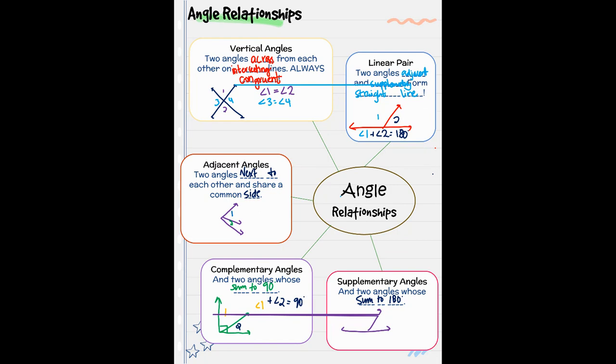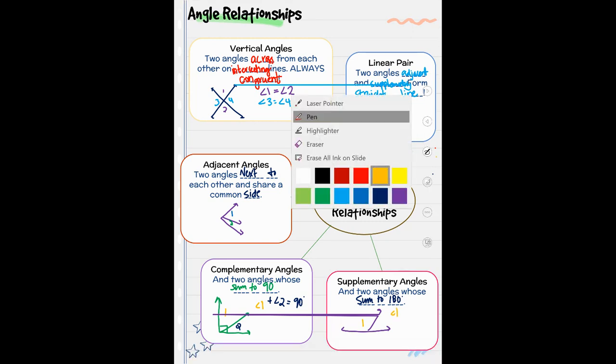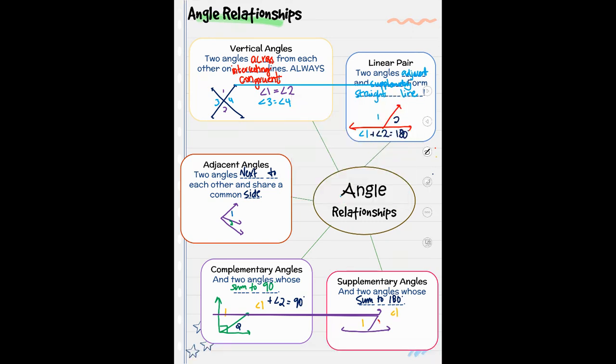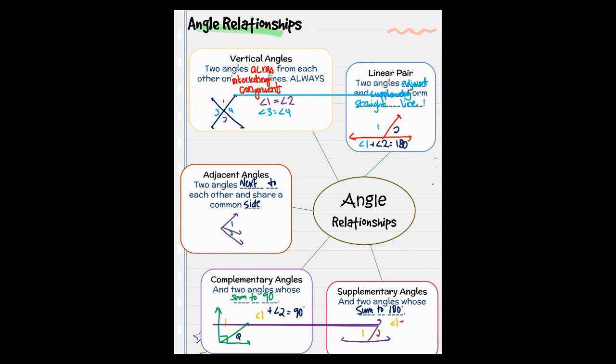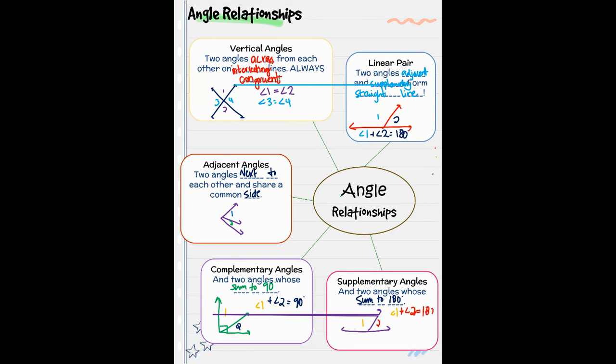And look, I got another line. All right. We got this angle here, so angle 1, and we have this angle here, when I add those two angles, I get a total of 180.